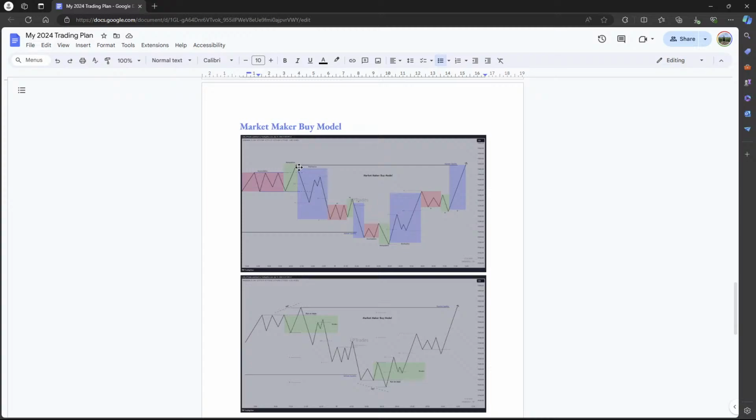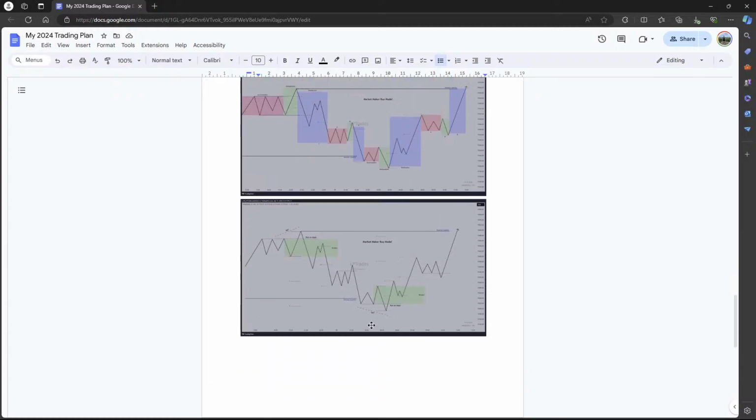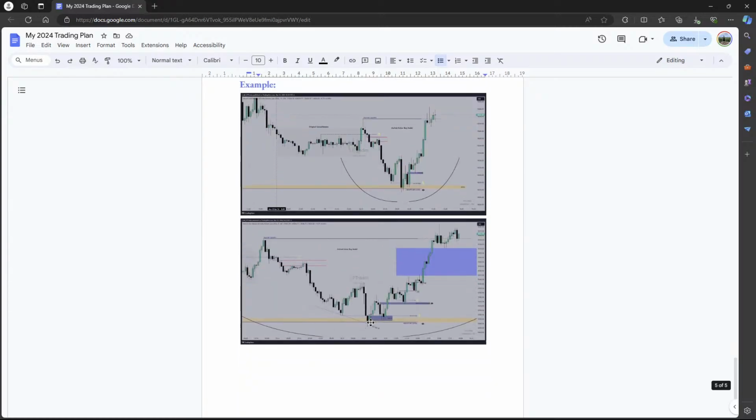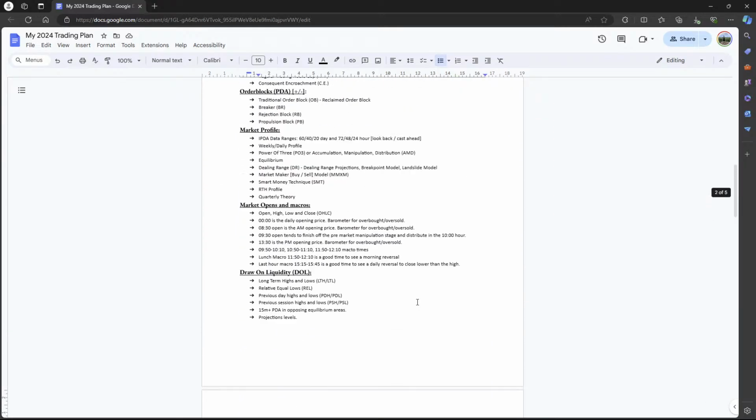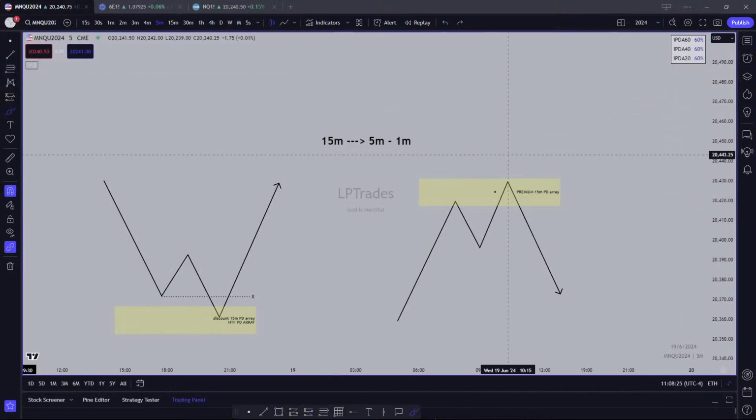I think we're in one and it's not happening, but I try and use these concepts of a market maker buy or sell model, and you see accumulation, manipulation, distribution happens very often here, and that's how I try and frame every single one of my trades. And yeah, these are just examples of market maker buy model. But that's my trading plan, and then the trading model.